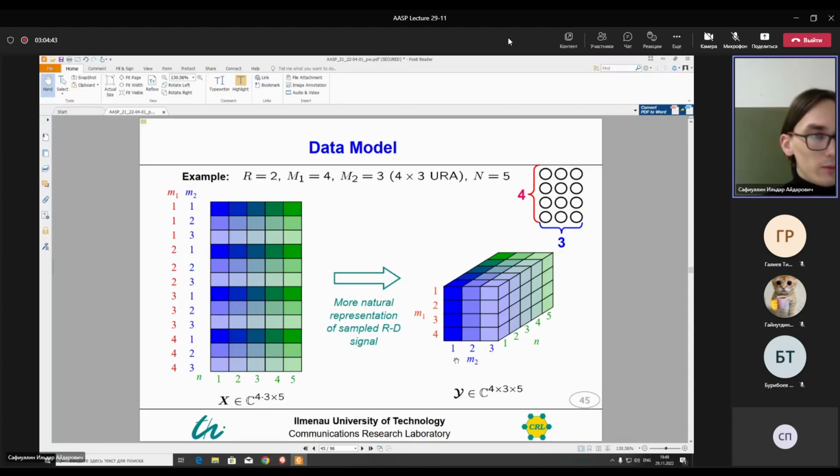And what if we try to represent it using matrices? In this case, we will write the first row, so this 1,1, 1,2, 1,3 here. Then we write the second row, 2,1, 2,2, 2,3 here. Then 3,1, 3,2, 3,3, and the last one 4,1, 4,2, 4,3.